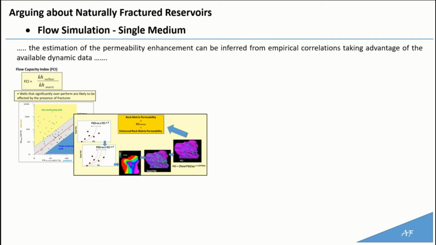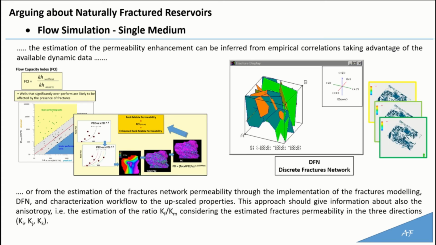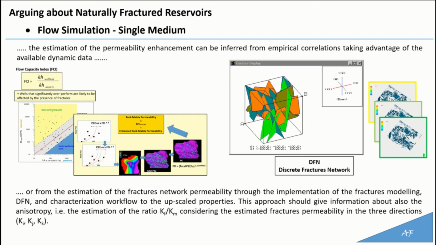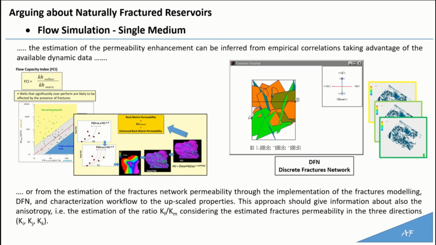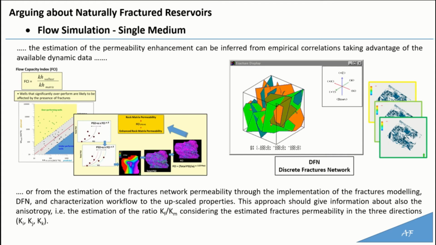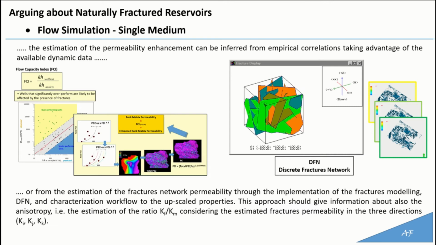The flow capacity index workflow is a possible approach, as well as the estimation of the fracture network permeability through the implementation of fracture modeling, a discrete fracture network, and characterization. This approach should give information also about the anisotropy. That means the estimation of the ratio of fracture permeability versus matrix permeability, considering the estimated fracture permeability in the three directions.